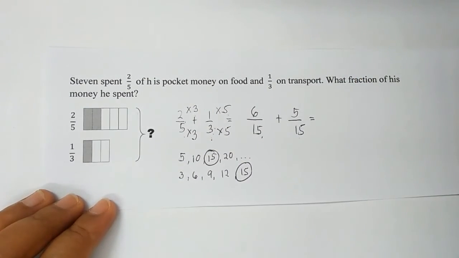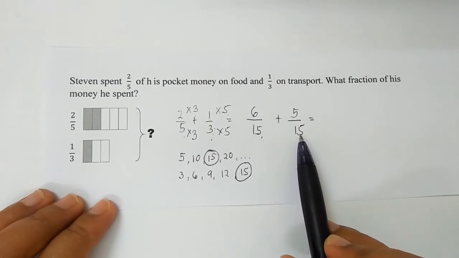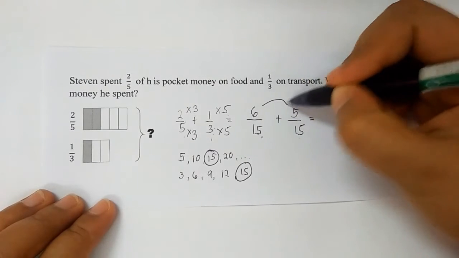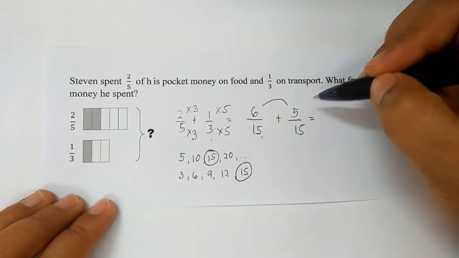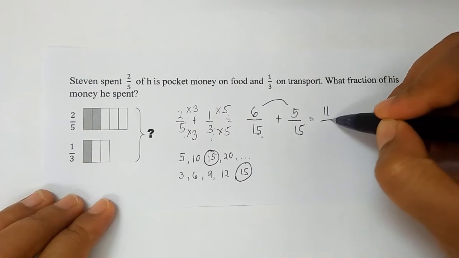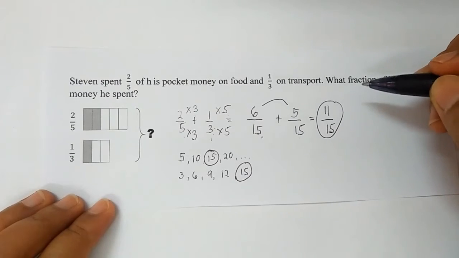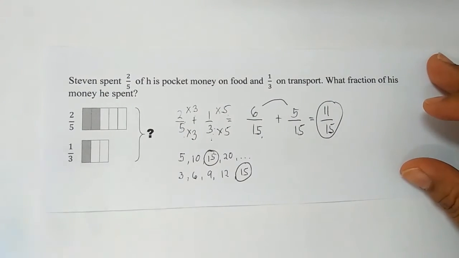Can we add the fractions now? Yes, because we have the same denominators. So just add the numerators. 6 plus 5 is 11. Then copy the same denominator, 15. So we have 11 over 15.